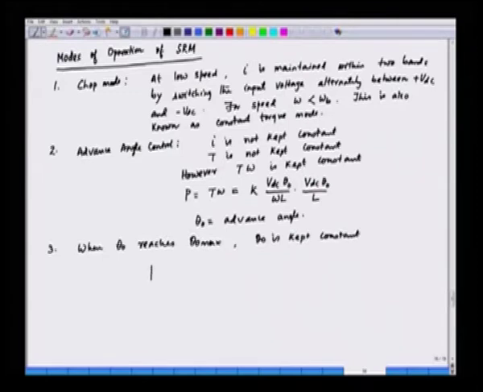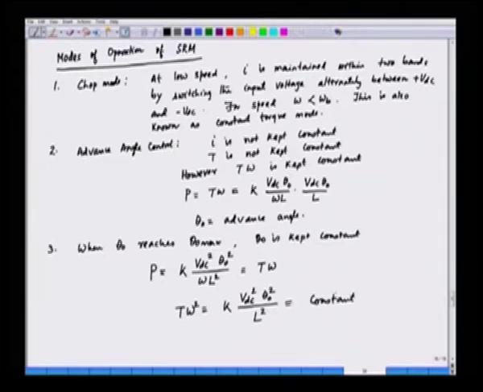So we have the expression for the power in this case, P is equal to K VDC square theta naught square by omega L square. In this case, theta naught is kept constant, and hence what is constant is not P, this is T into omega. So T omega square is equal to K VDC square into theta naught square by L square, that is kept constant.